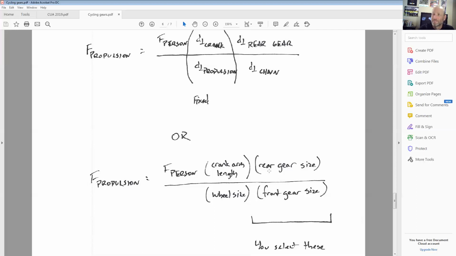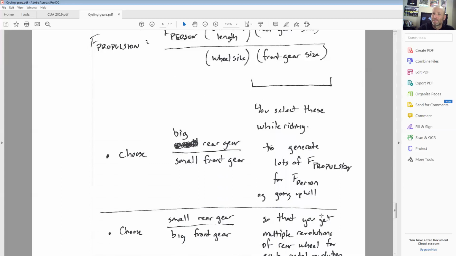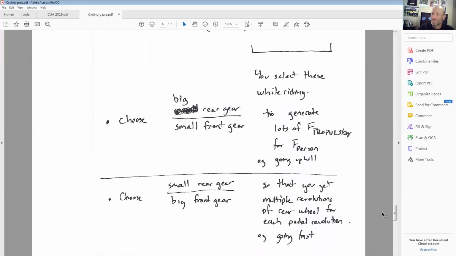So if I want to generate a lot of propulsion force, for example going uphill or starting from a stop position, I messed up here, I want a big rear gear, small front gear, or close to the same size.